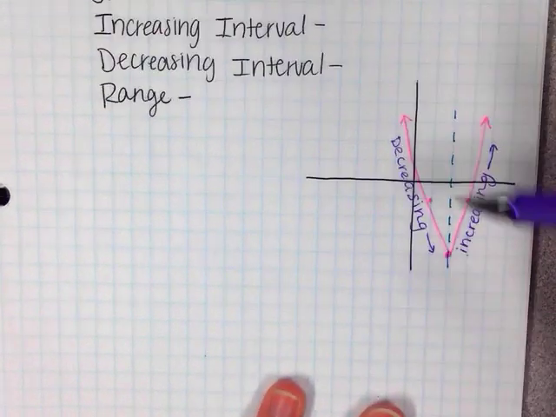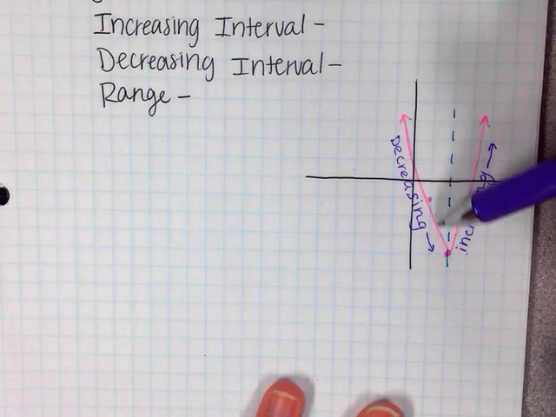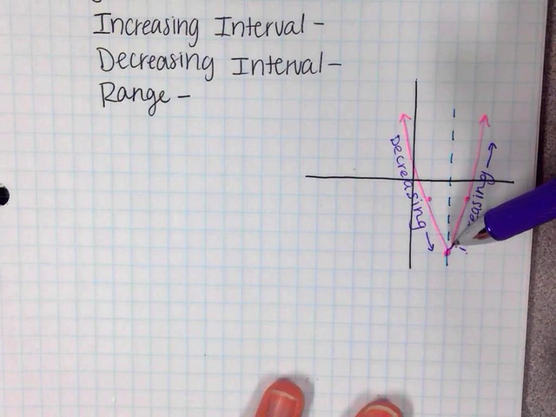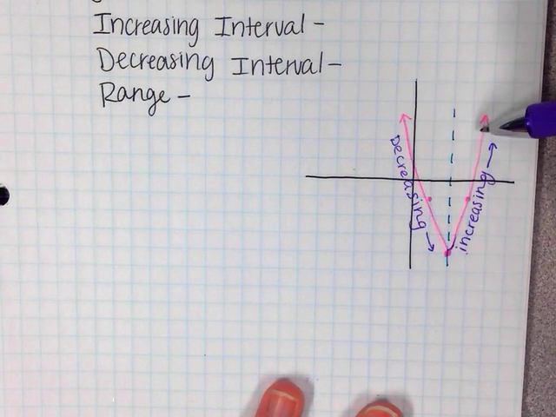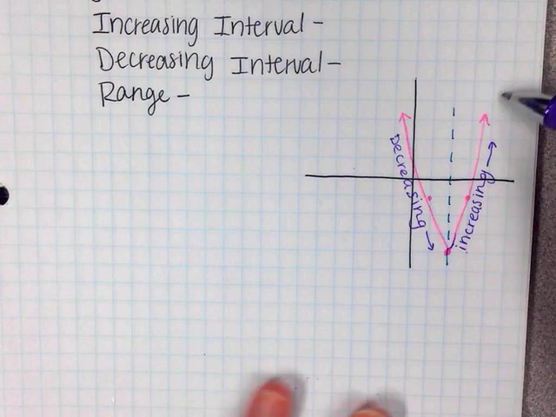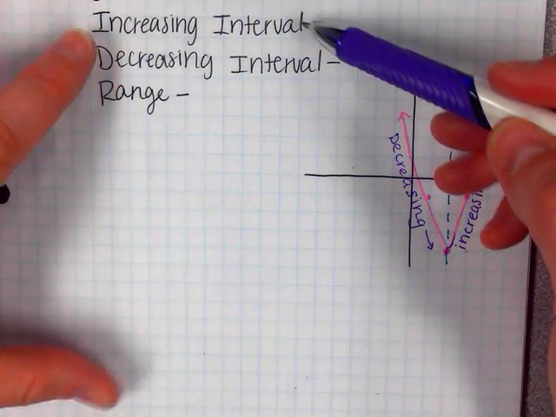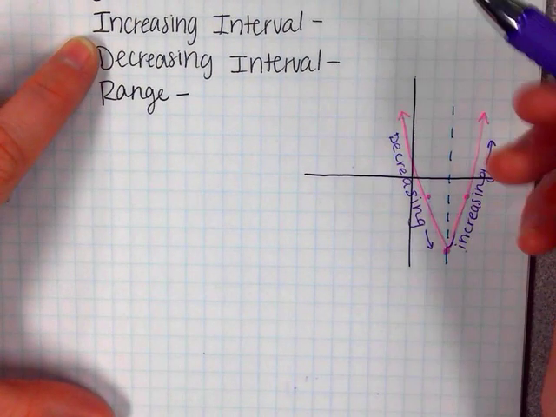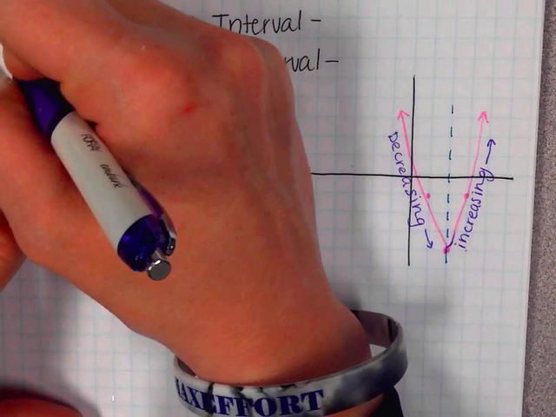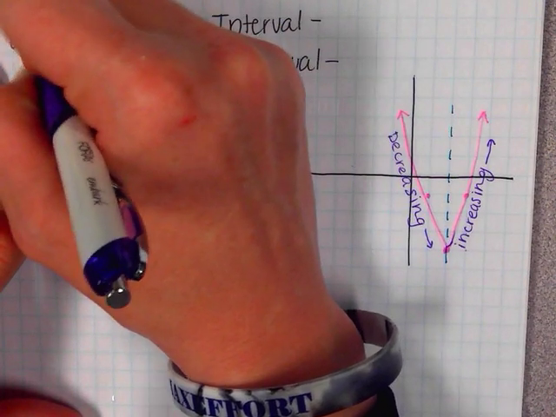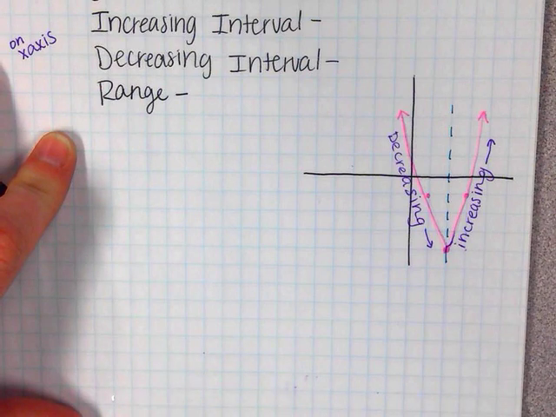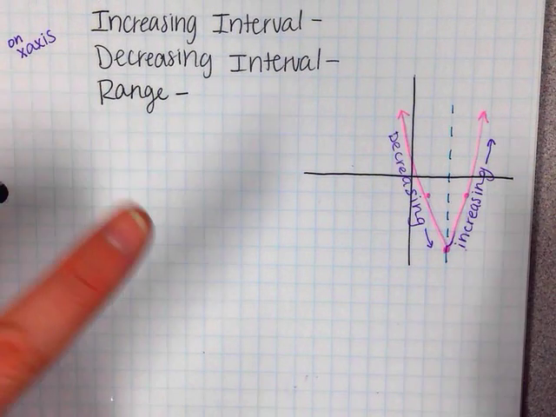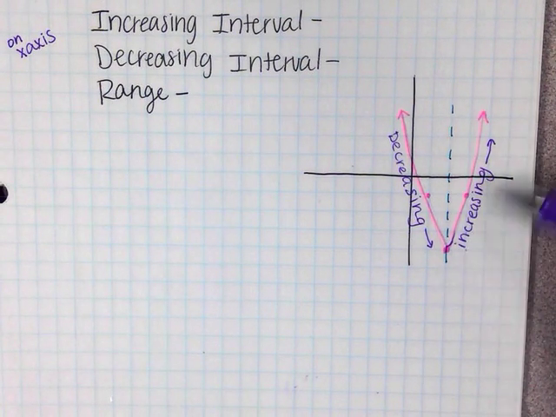It decreases, and then it stops, and then it starts increasing, and it would increase forever. So make sure we're talking about the x-axis, when is it going up.